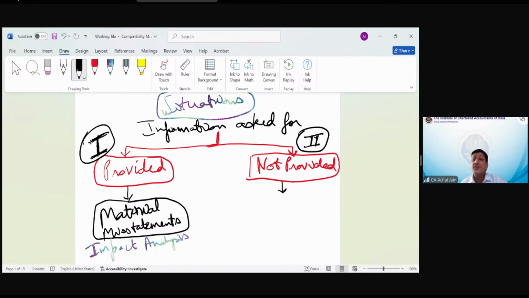Now, this second situation is slightly difficult. Let's suppose during the year for a particular area, auditor is asking for some information.